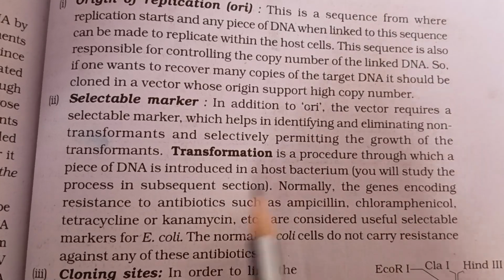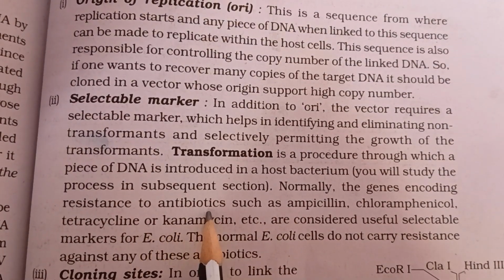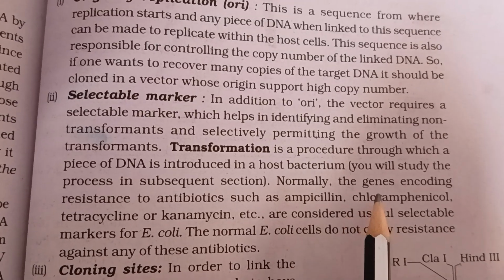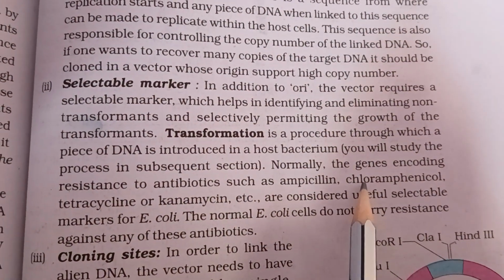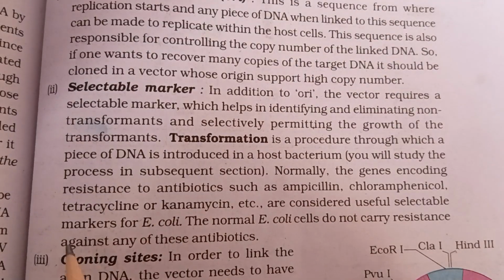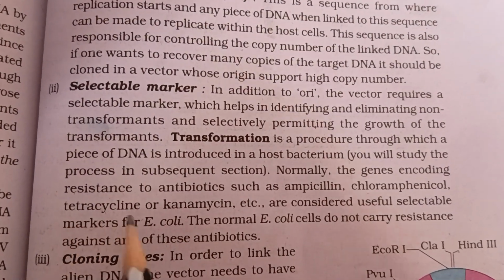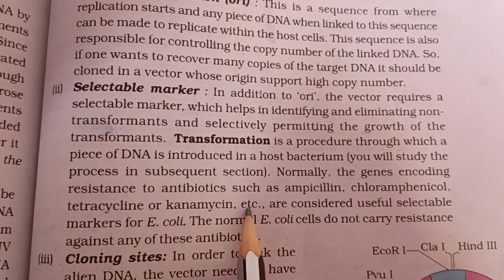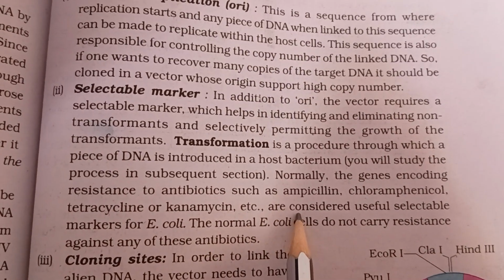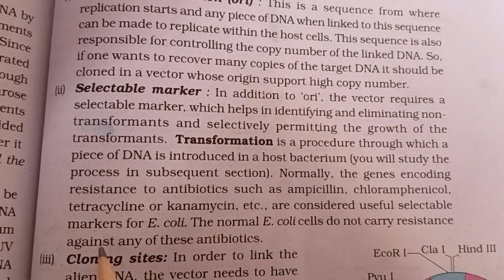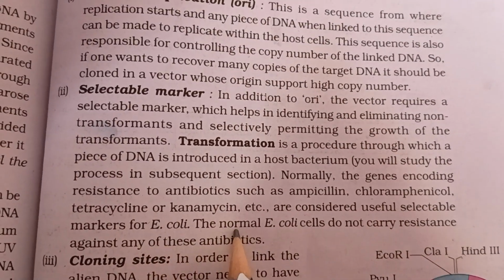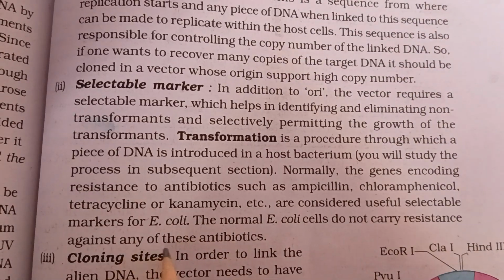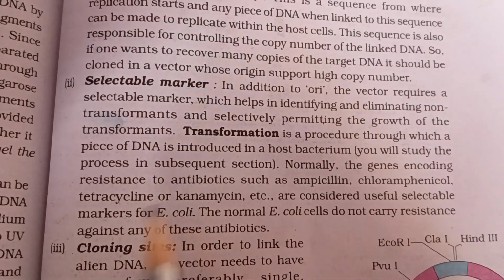Normally, the genes encoding resistance to antibiotics such as ampicillin, chloramphenicol, tetracycline, or kanamycin, etc., are considered useful selectable markers for E. coli. The normal E. coli cells do not carry resistance against any of these antibiotics.